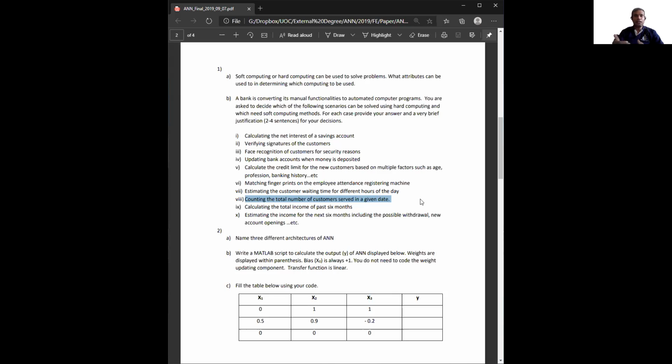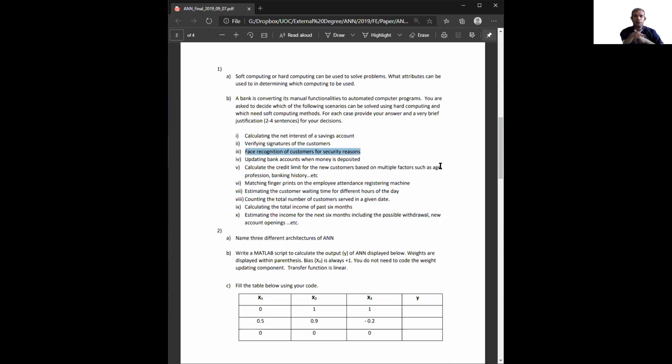How many people interact with the bank on a given day? So which method should you use? Yes, because when you do a transaction, that data is recorded in the banking system. So you can do some kind of database query and get the number of people.